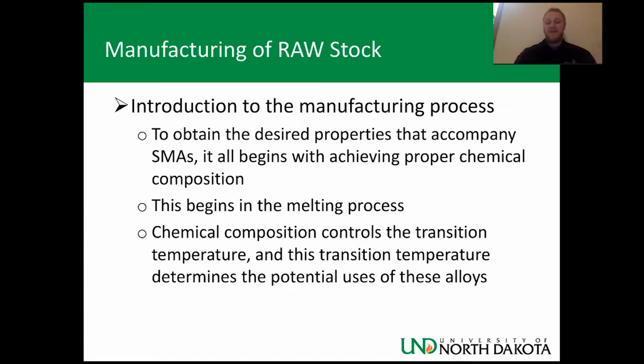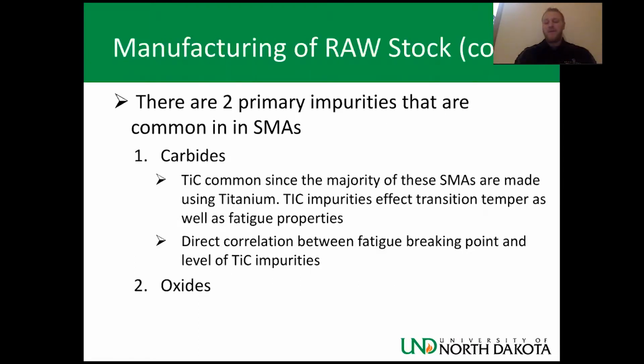So where does this begin? It begins in the melting process. When we're making these alloys, we're faced with two primary impurities that are common. The first one being a carbide and the second one being an oxide. Since the majority of these shape memory alloys are made with titanium, we see a lot of the TiC impurities.